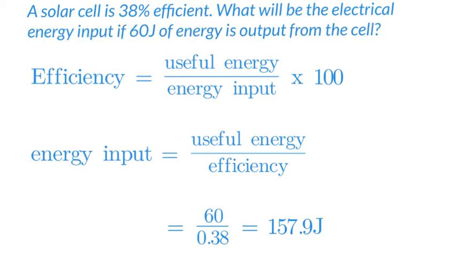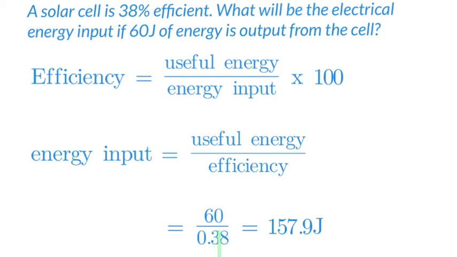If we put the equations in, the basic equation, efficiency equals useful divided by energy input times 100. Let's manipulate these around, and we see that energy input equals useful energy divided by efficiency. Now in this case, efficiency mustn't be a percentage anymore. It has to be a decimal.